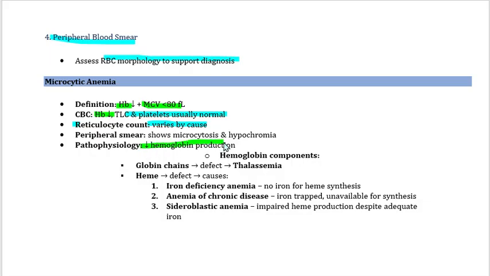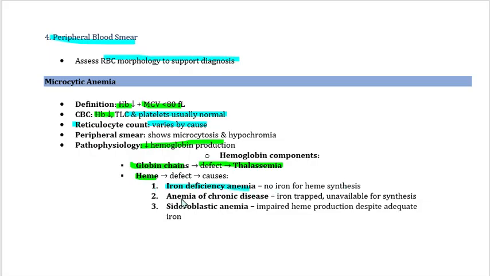What is the pathophysiology behind this decreased hemoglobin? We know hemoglobin has two parts: one is globin chains and the other is heme. If the defect is with the globin chains, then it will cause thalassemia. But if there is a problem with the heme, then it can be iron deficiency anemia, because there is no iron for heme synthesis.